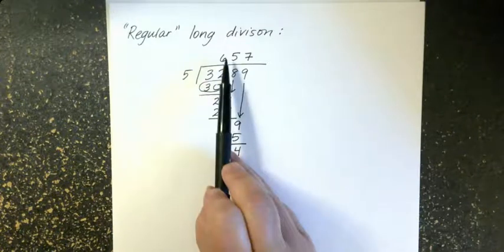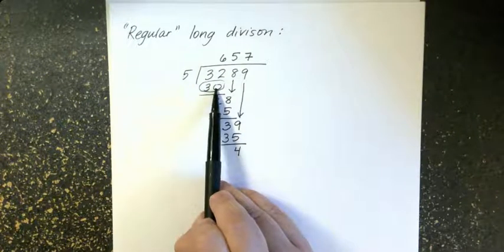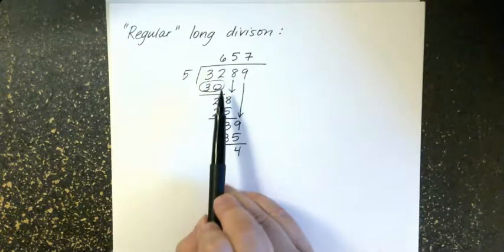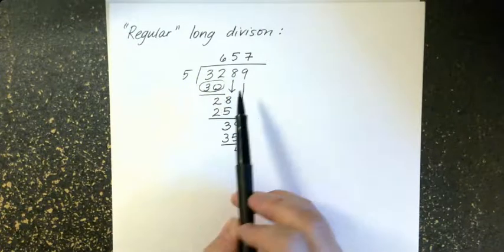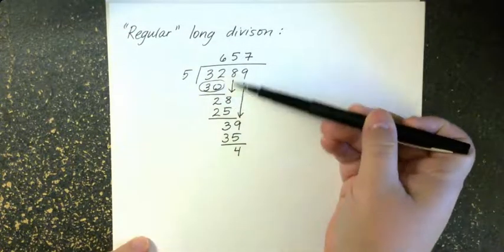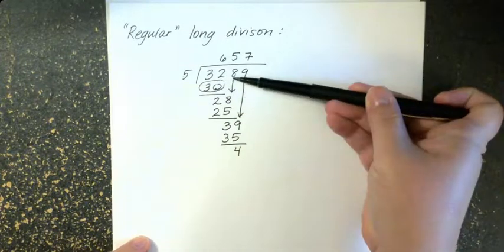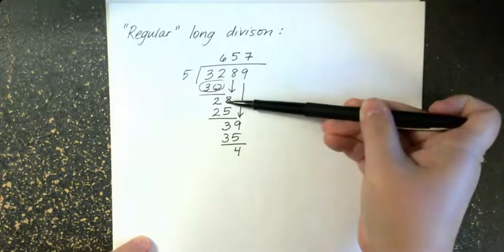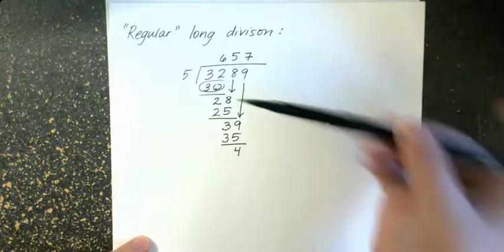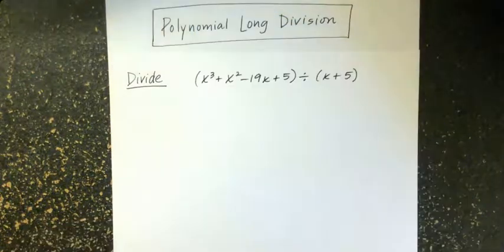That was the 6 times 5 goes here. I'm going to do something very similar with my polynomials. And then I subtract. It's always subtraction going down for long division. And then again, if I don't have enough on deck to start the next cycle, I bring something down. So let's see how that looks with polynomials.